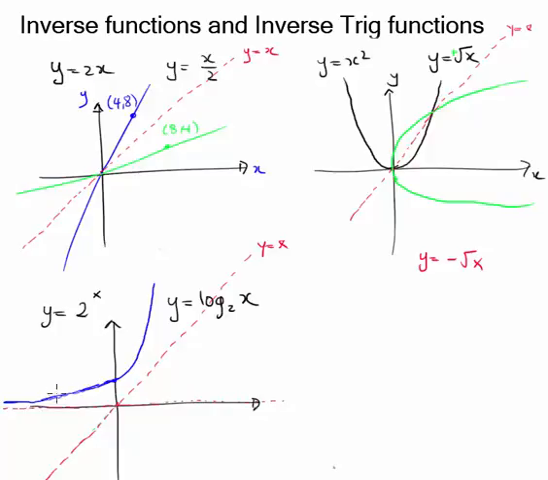So if we draw the mirror image, because this one goes through 0, 1, this will have to go through 1, 0. It's just the opposite. So it has to die down to 0, so it gets very close to the y-axis, and the logarithmic function is going to look like this.